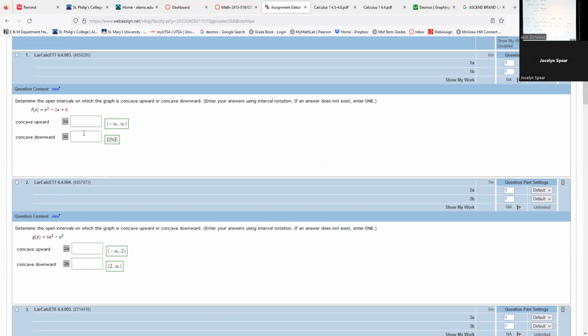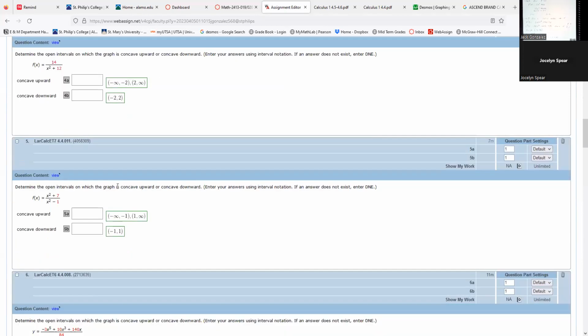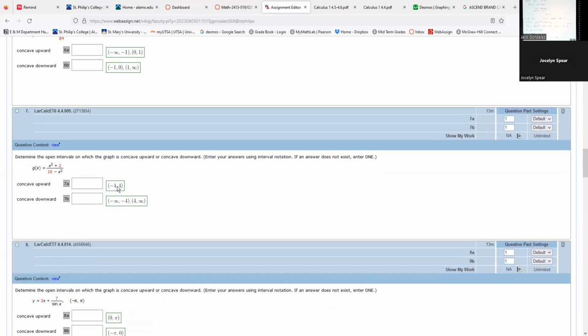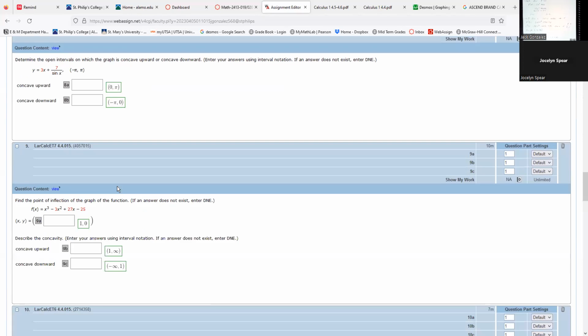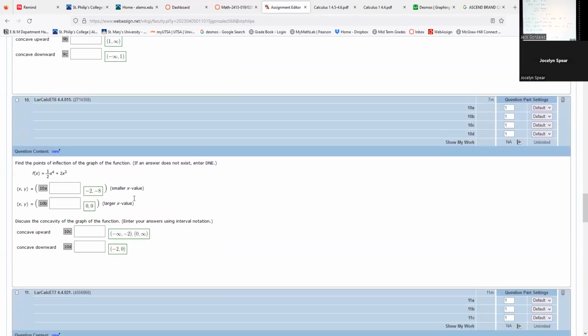So it starts off asking for concave up or down locations, which is just based on the inflection point. And then, I guess half the homework looks like: find inflection and location of concave up and down.